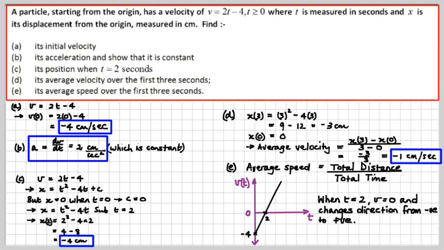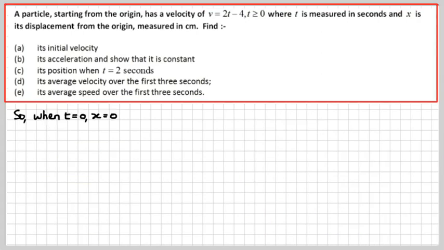Strip away any minuses or pluses, because you only care about distance here. Add up the two lengths of the journeys as a total aggregate length of journey, and then divide it by the 3-second time interval that we're interested in. So we need to find the distance from t is 0 to 2 and the distance from t is 2 to 3, and I'll show you.